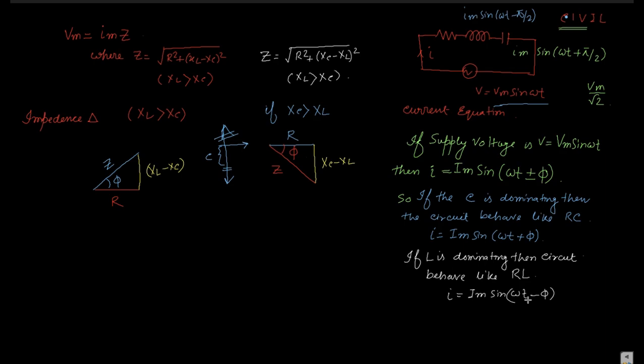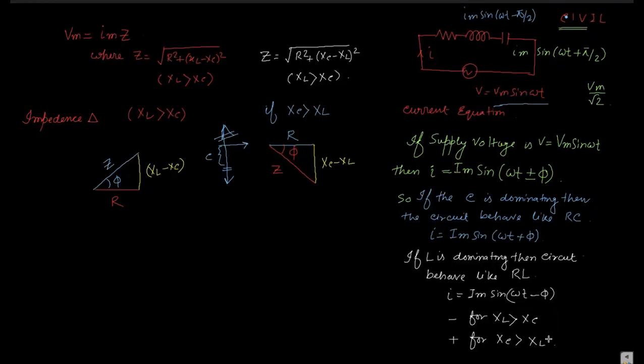Although the circuit has resistance, inductor and capacitor, if the capacitor is dominating, the circuit by nature behaves like an RC circuit, or if the inductive part is dominating, then we can say the circuit is an inductive circuit. Got my point? So abbreviated, we can say minus for XL greater than XC and plus for XC greater than XL.